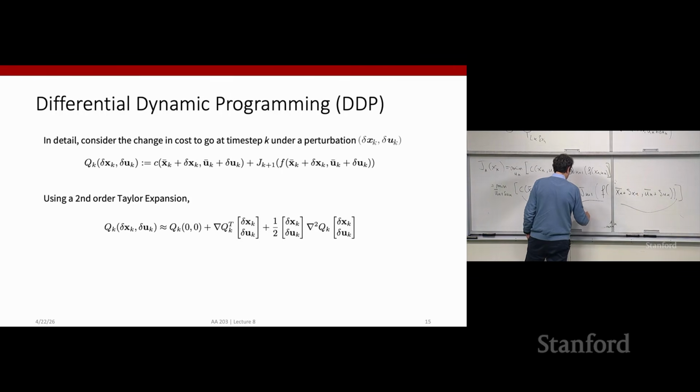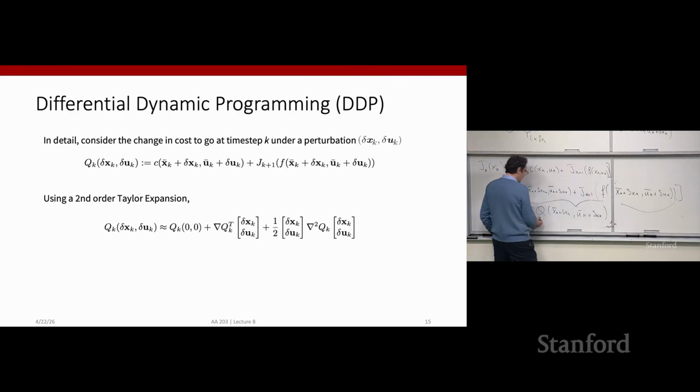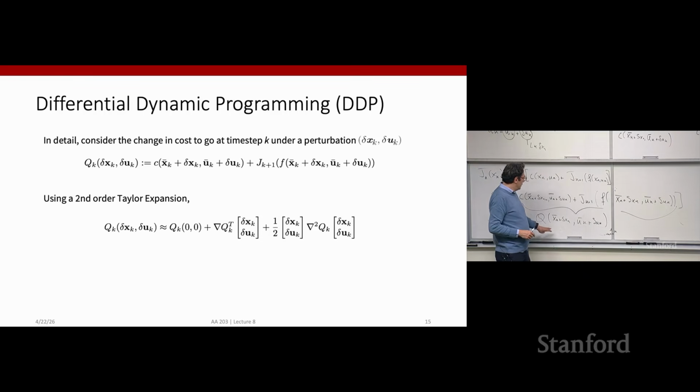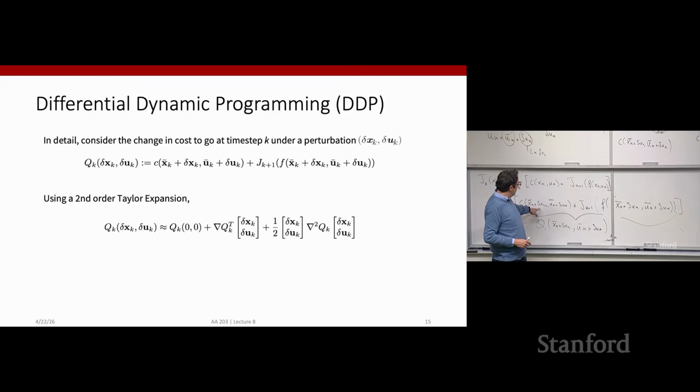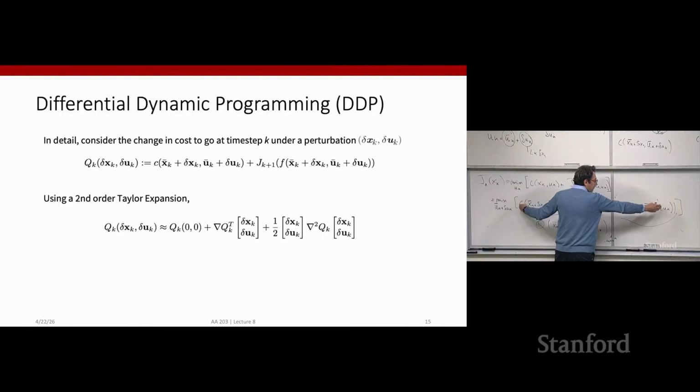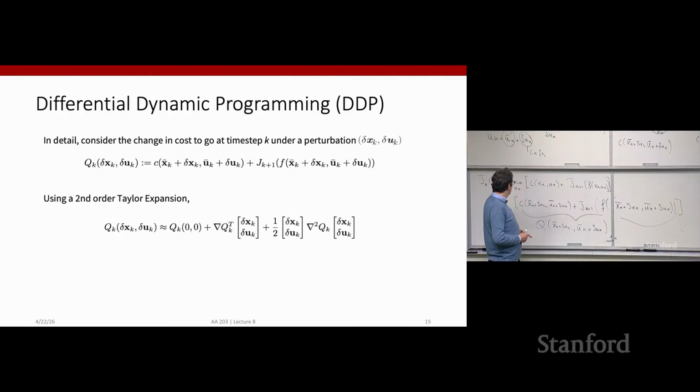So this function Q is referred to as the Q function and will play a crucial role when we talk about data-driven control. But for now, we don't care about it. So you see that this entire thing is a complicated function of x bar plus delta x and u bar plus delta u.